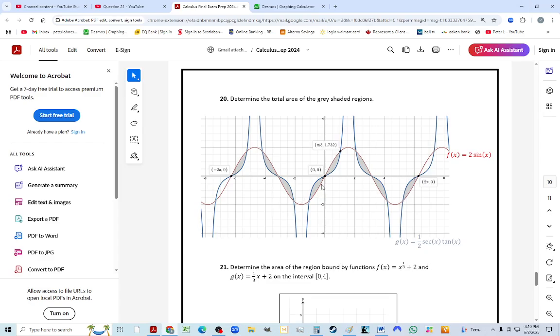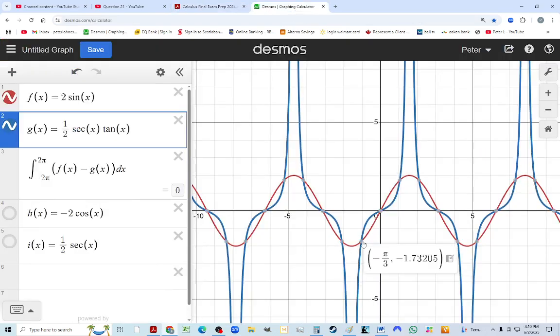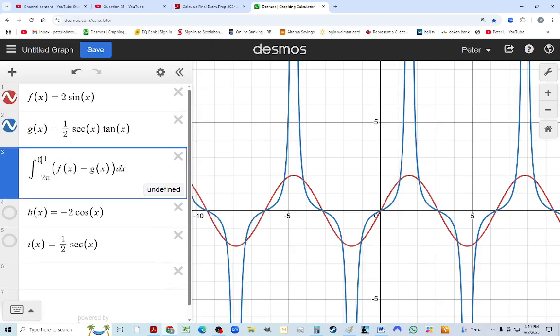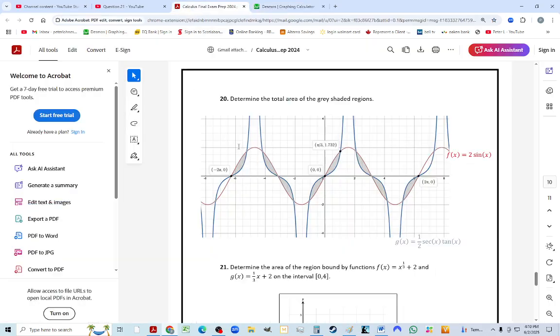For instance, if I take this value here, it goes from 0 to negative pi thirds. Let's see what it says. Yeah, you see, things below the x-axis are negative space. So this might be a trick question and the answer might be 0.